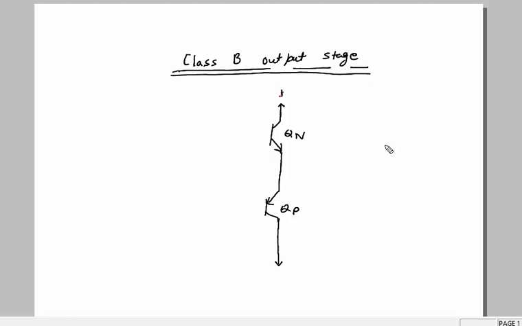For the NPN the power supply is VCC, and for the PNP the power supply is minus VCC. Input will be given at the base of both the transistors. So this is the input voltage, Vi, applied here.